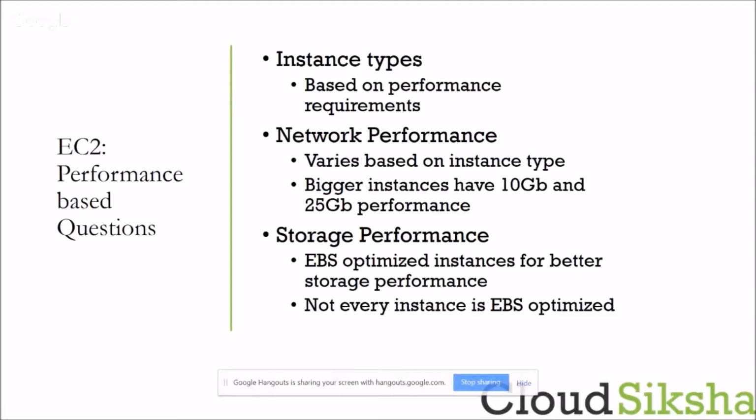So when you're looking at the network performance, also look out for an answer which is not directly network performance based, but has something to do with the instance type. Again, when it comes to storage performance, you obviously would look at the disk and the speed of the disk, etc. Additionally to all that, there are instances which are EBS optimized.